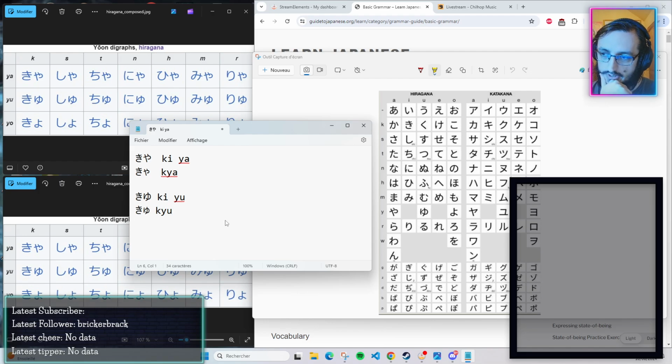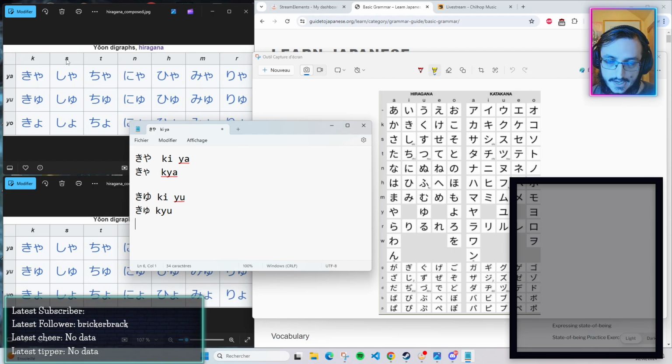And the same with the last one, the yo line, which is kyo. So you have kya, kyu, kyo, which is different from ki, ya, ki, yu, and ki, yo. So the only difference is, as a reminder, a smaller second character. So a smaller ya, a smaller yu, and a smaller yo, which means that it's merged with the ki here. So kya, kyu, kyo.